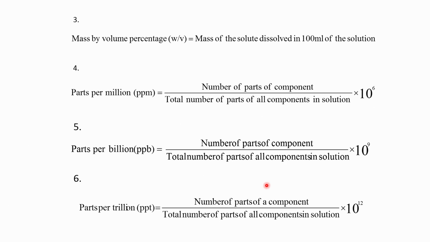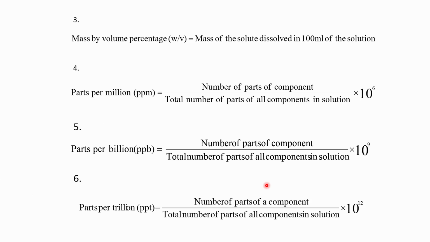That is also possible. So, parts per billion level is another very specific term people use, that represents number of parts of component divided by total number of parts of all components in solution multiplied by 10 raised to 9. So, if there is one part in 10 raised to 9 solution, then you call it 1 nanogram.